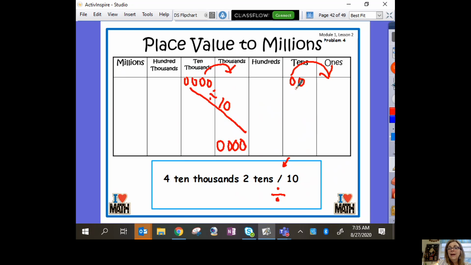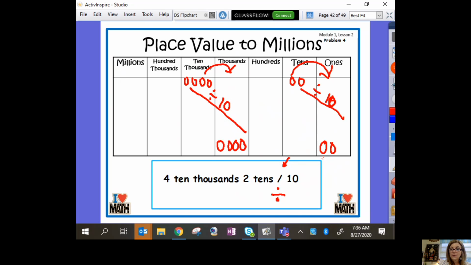And when I have my 2 10s divided by 10, it will hop back into my ones place, and that would be 2 1s.